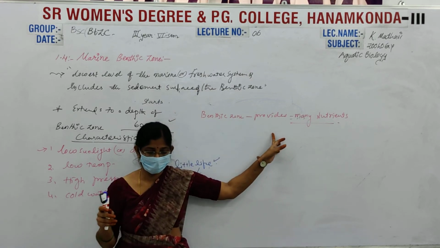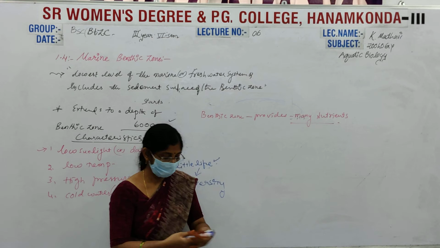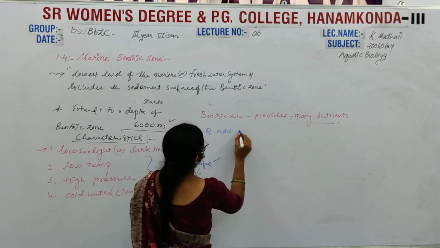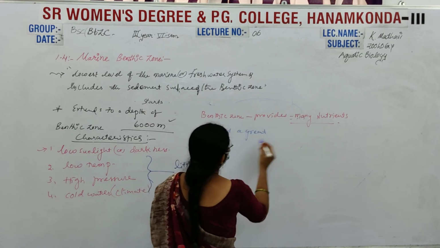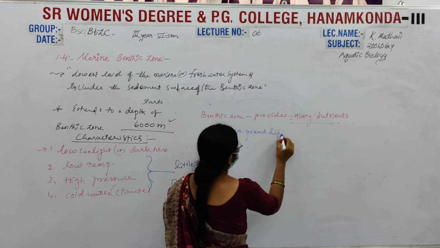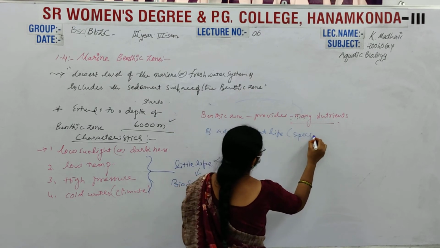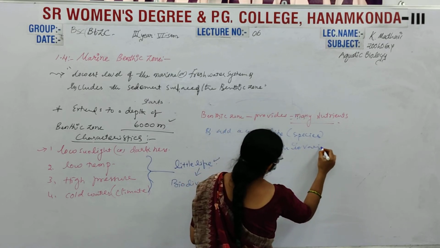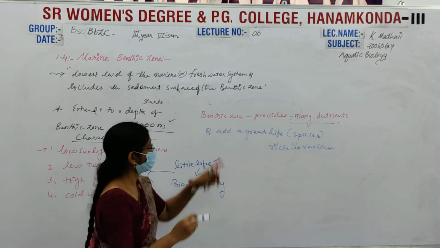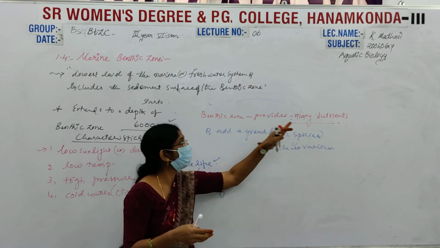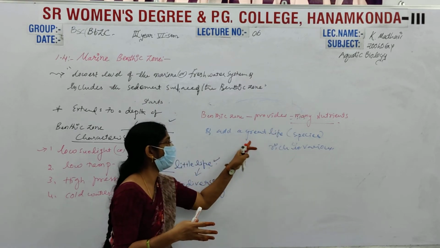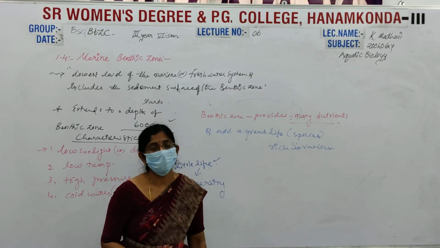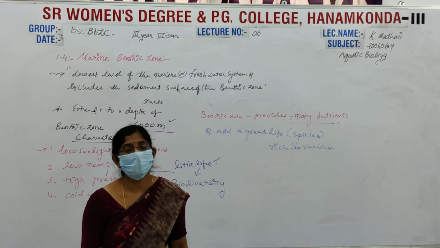These many nutrients add greatly to the species richness and add great life. Where there are high nutrients, the organisms are also very high, but in this situation there is no availability of sunlight.